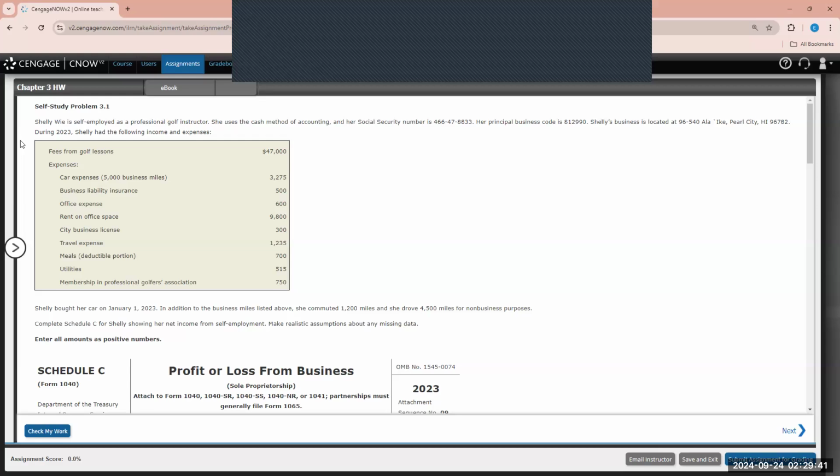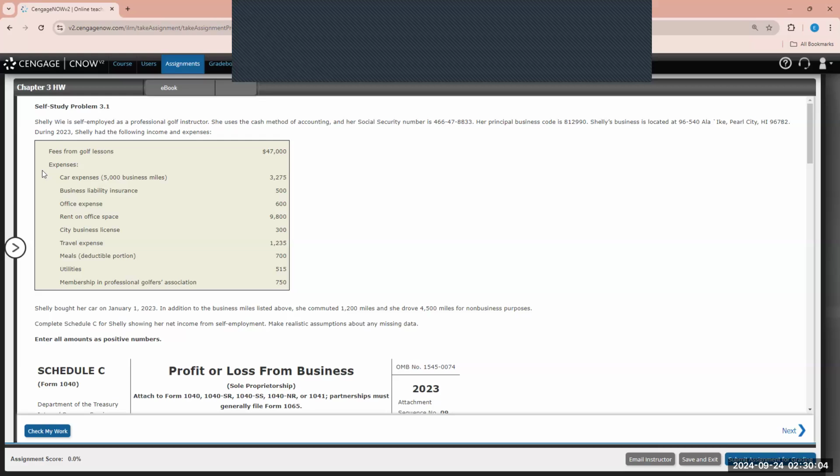During 2023, Shelley had the following income and expenses. Fees from golf lessons of $47,000. Expenses: we see there are various expenses here: car expenses, business liability, office, rent on office space, license, travel expenses, meals, utilities, and membership in a professional golfers association.